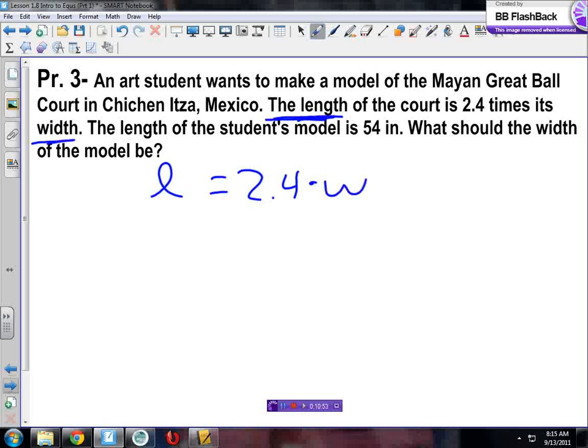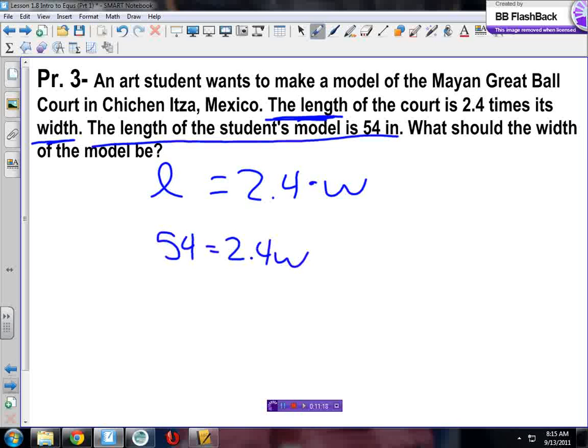Now let's read a little bit further. The length of the student's model is 54 inches. Haley, what does this sentence right here tell me to do? You just told me, 54 inches is the length. So I'm going to take out the length, put in 54.